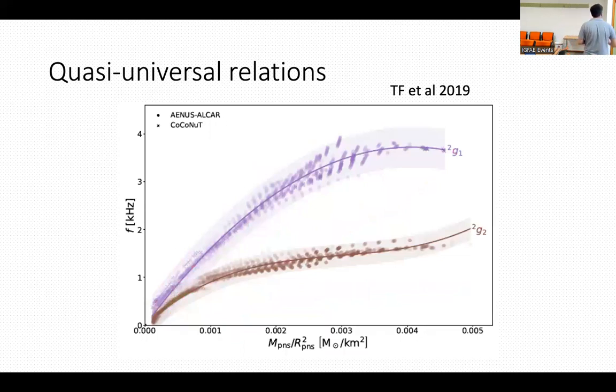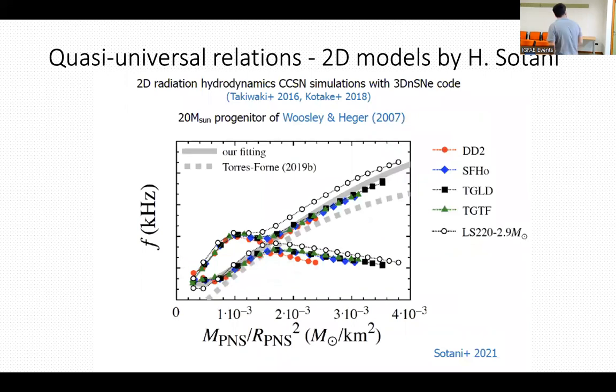Essentially, they scale with the surface gravity of the proto-neutron star, as I mentioned at the beginning, with different scales. There is a third degree polynomial, and we got these fits.